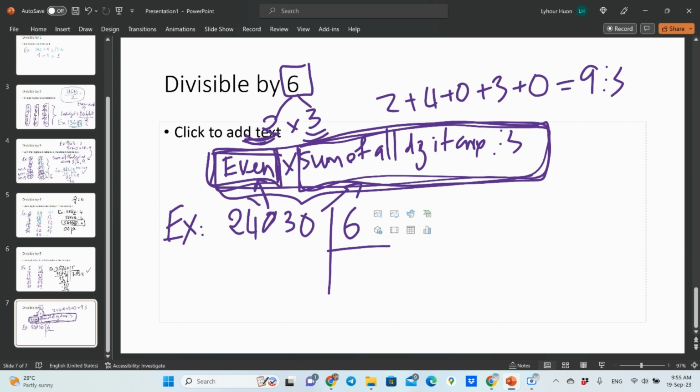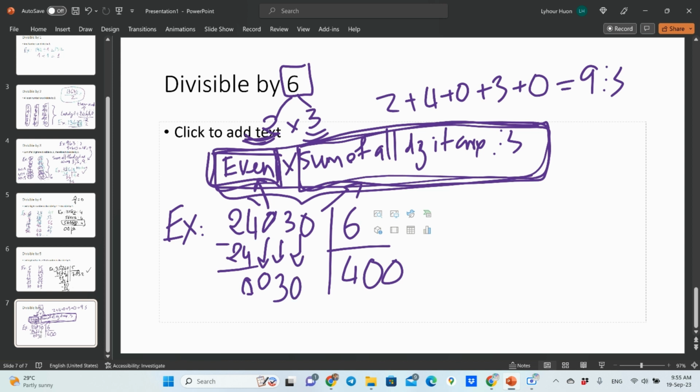Okay, so let's check. How many times does 6 go into 24? 4. 6 times 4 is 24, so the remainder is 0. We drop down the next 0. We can't divide, so we put another 0 and drop down the 3. It cannot be divided, so we add another 0 and drop down another 0.